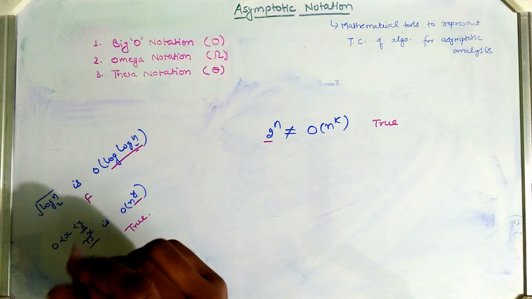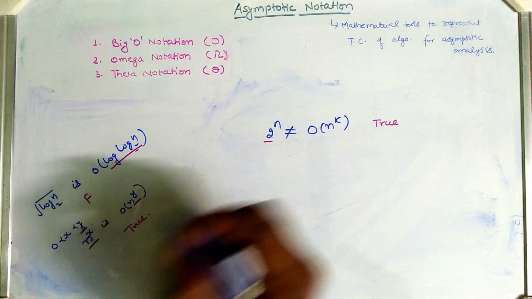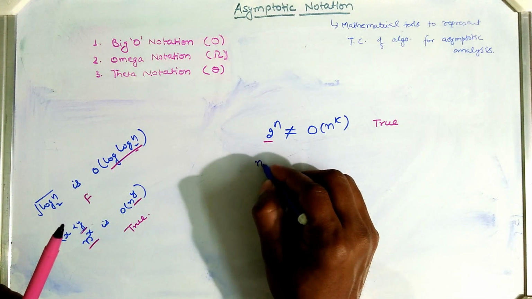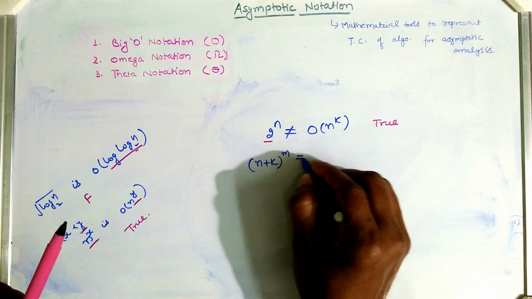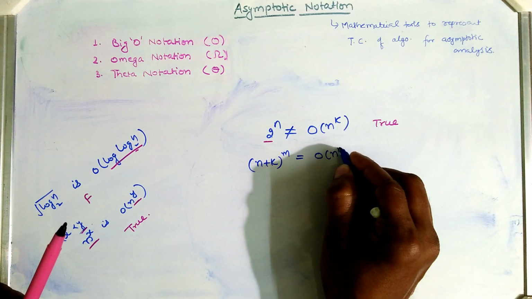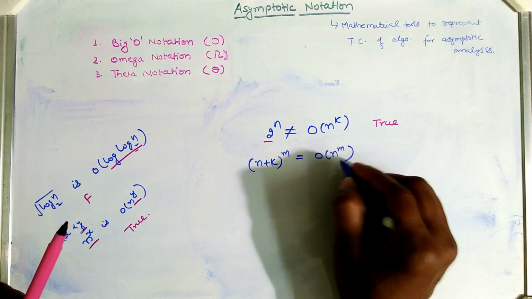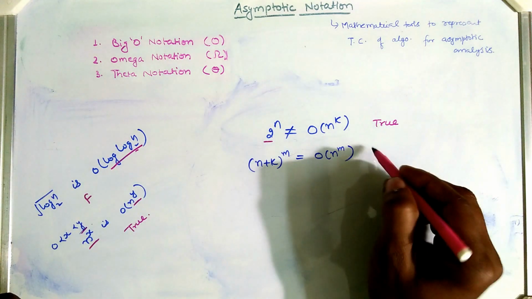Similarly, if I say that (n plus k) to the power m is equal to order of n to the power m for some constant k, yes, it is true.